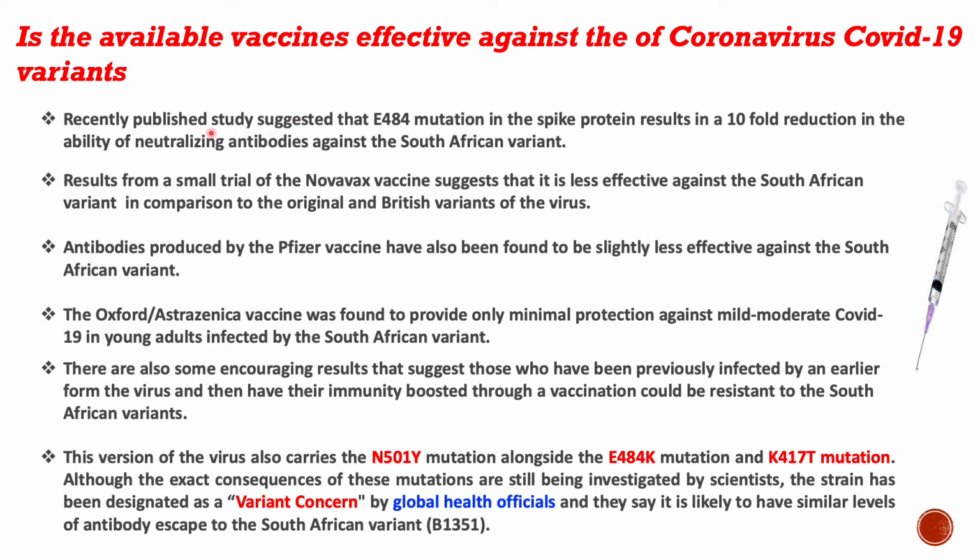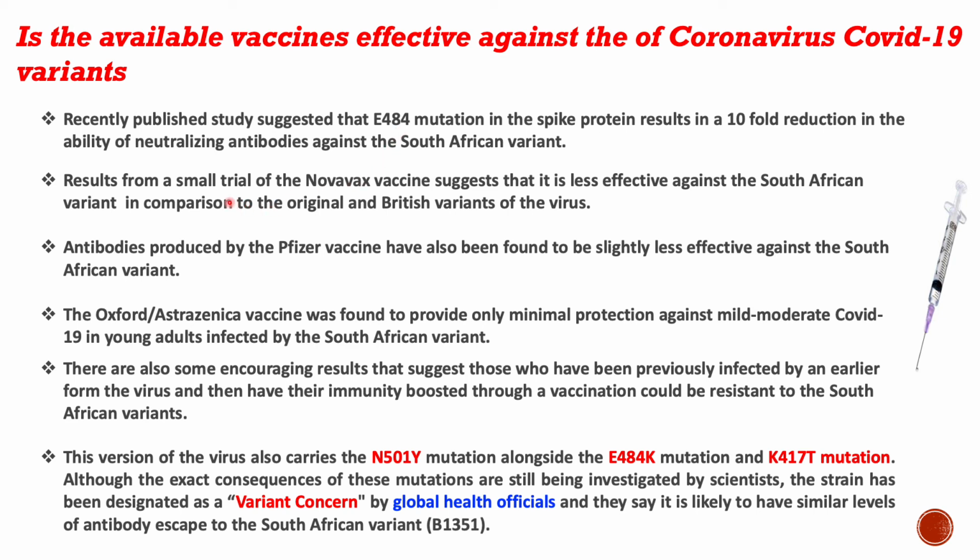A recently published study suggested that in individuals who got infected with the South African variant of coronavirus COVID-19, the ability of their immune system to generate neutralizing antibodies against this South African variant is reduced by 10-fold.